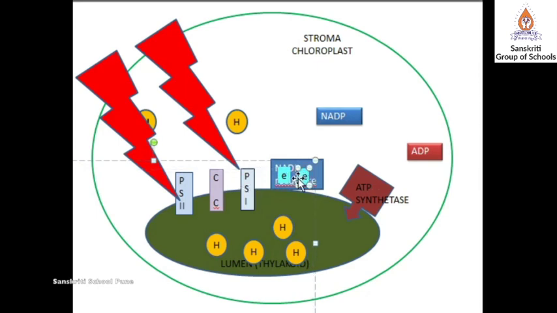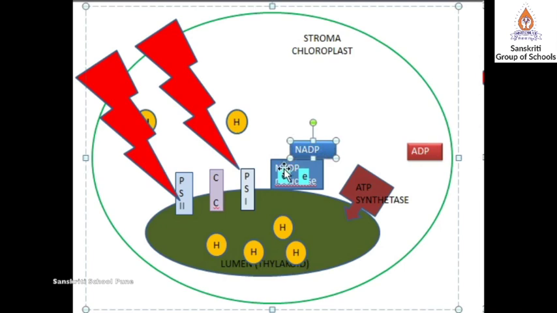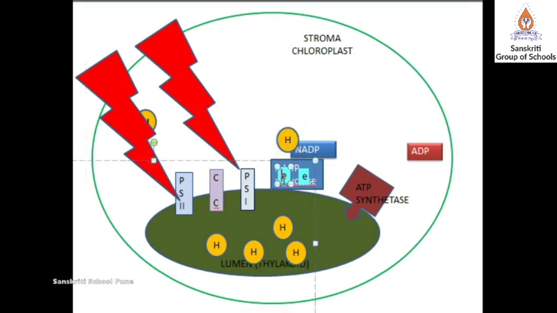NADP reductase uses these electrons, and the NADP that is present, which is a mobile electron carrier, in the presence of NADP reductase accepts a proton which is available in the stroma, and these activated electrons are passed from NADP reductase to NADP.